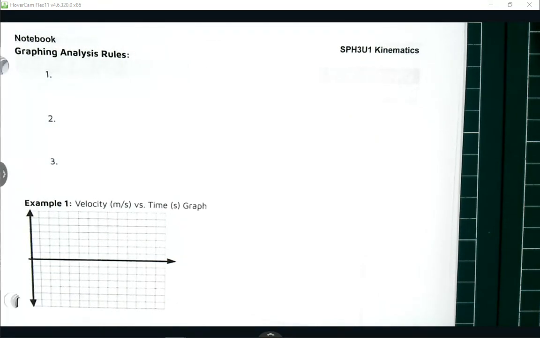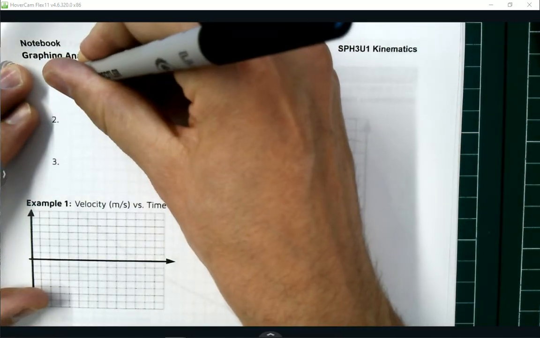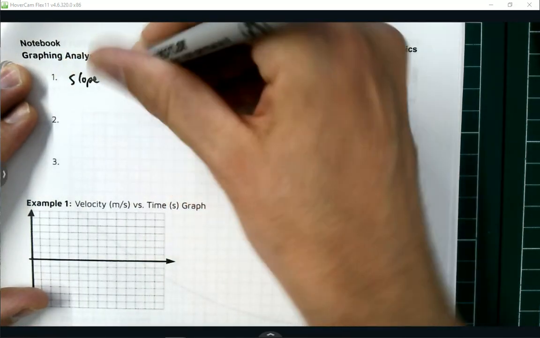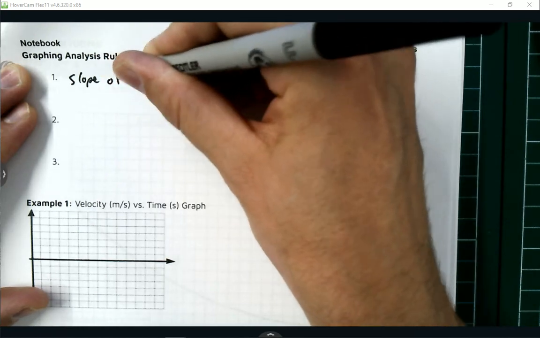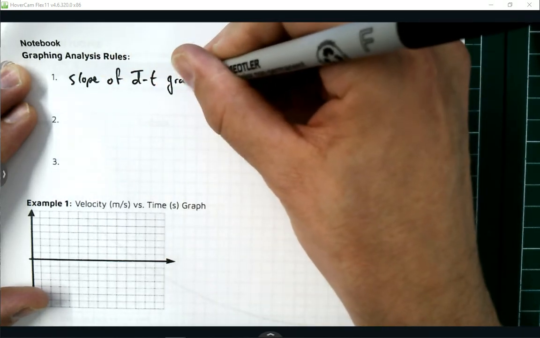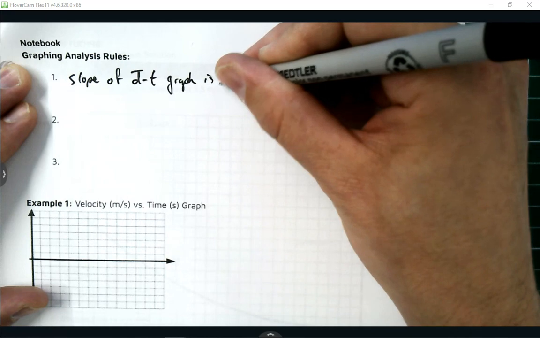All right, so the rules, just to put them all into one place. We've got the slope of a DT graph is velocity.